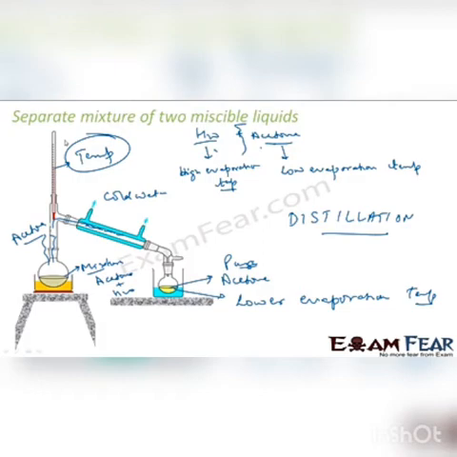This method is used for separating components of a mixture of miscible liquids that have different boiling points or different evaporation temperatures. These should also evaporate without decomposition. It should be possible to evaporate them and get them back as liquid. With some substances, when you evaporate them, it's all gone.